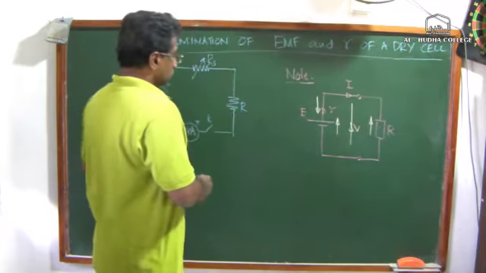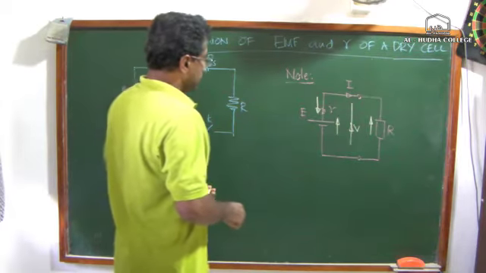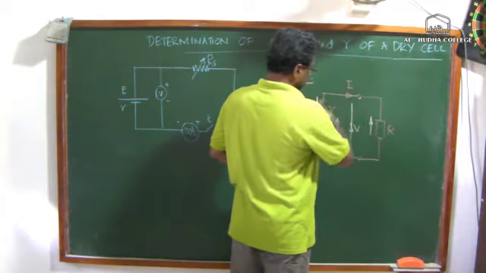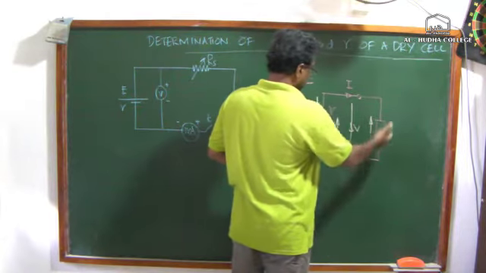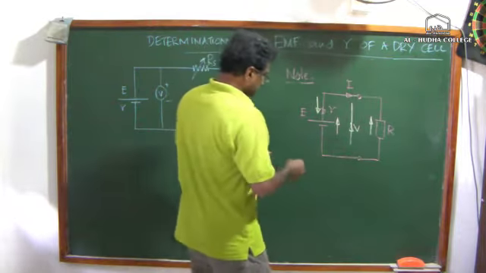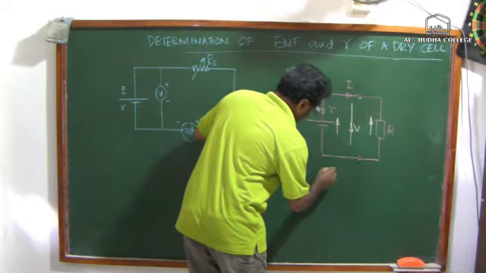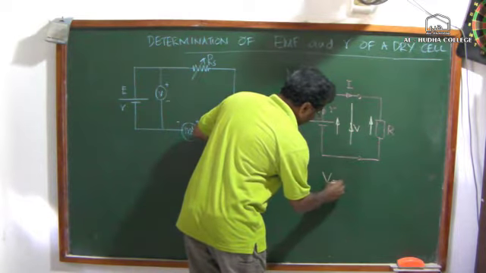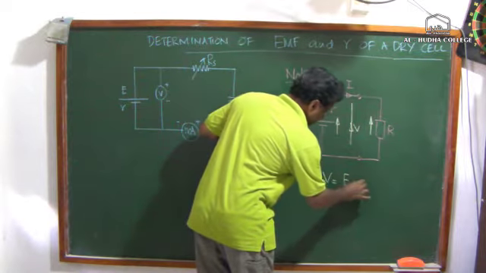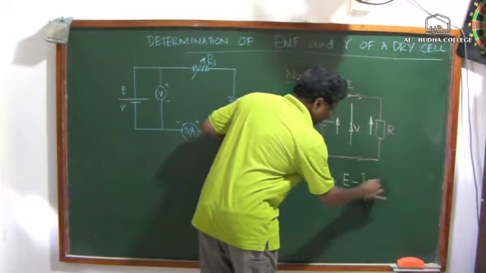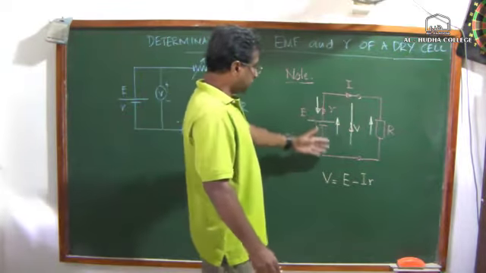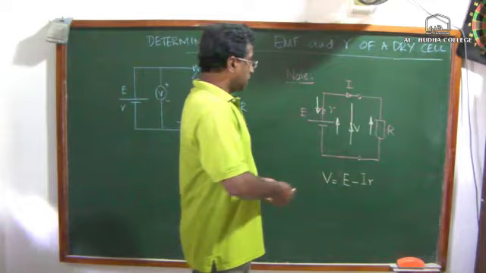Right? So you can use Kirchhoff law to write a relationship, and that will be the terminal voltage V equal E minus IR. So you should be able to directly write this whenever there is a battery and it is discharging.